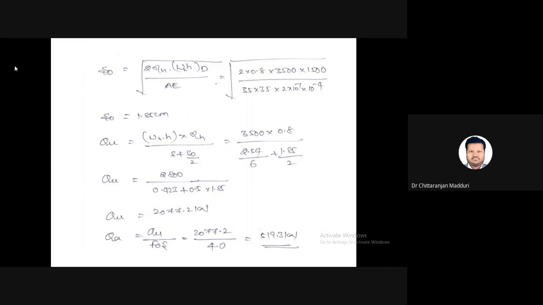If we take 2.54 divided by 6, it will give set per single blow. S naught equals 1.85 divided by 2. So ultimate load equals 2077.2 kilonewtons. The allowable load equals ultimate load divided by factor of safety, 2077.2 divided by 4, 519.31 kilonewtons.